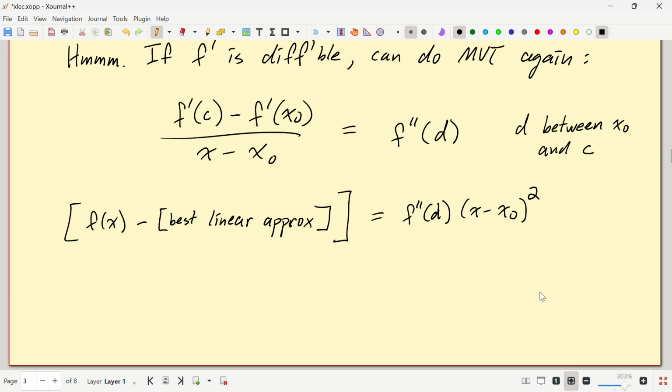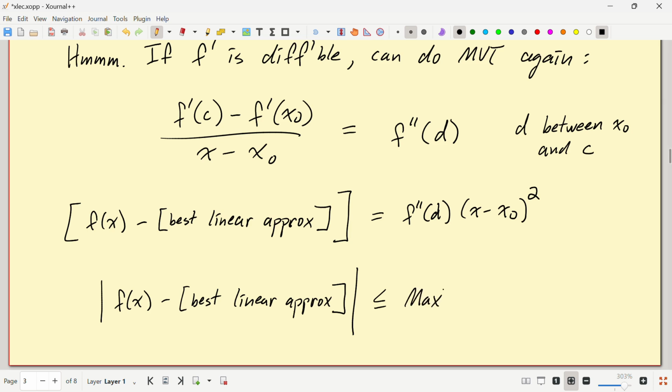So here's something cool. f(x) minus the best linear thing is less than or equal to the maximum of the second derivative on some interval times x minus x naught squared.